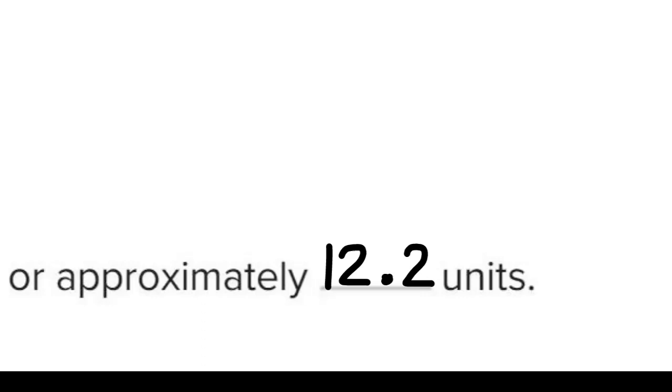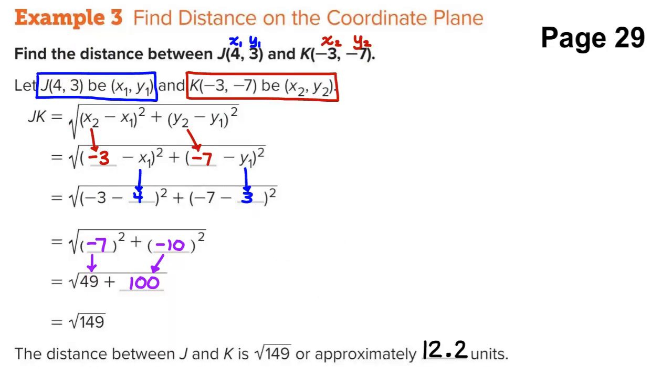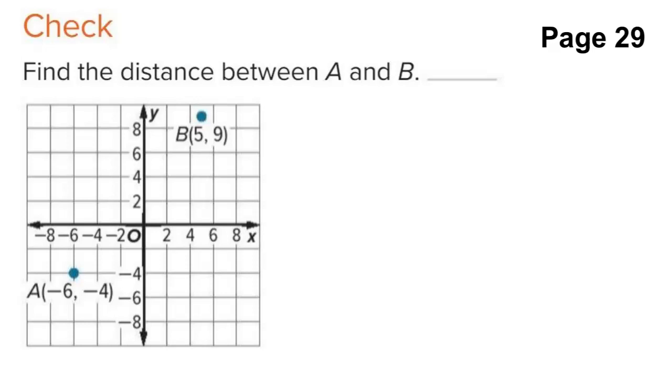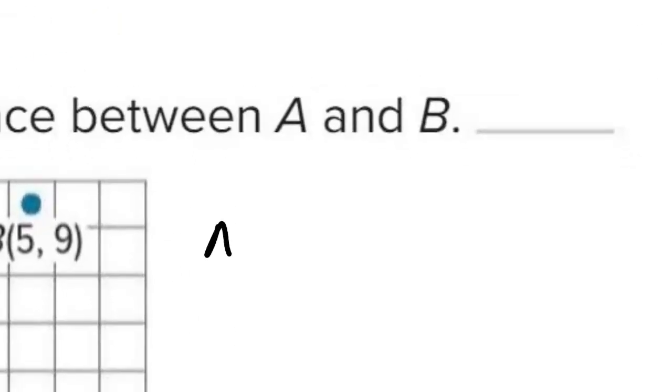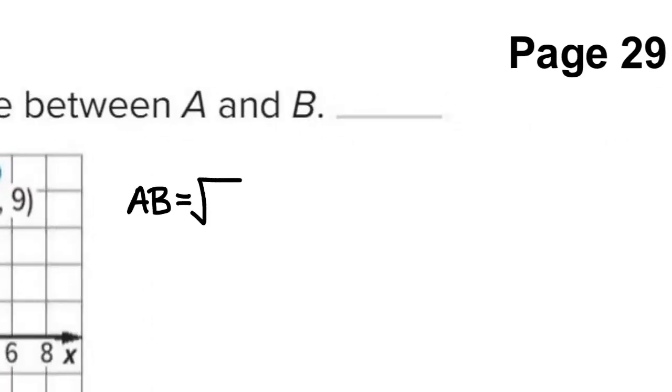Let's do the check problem down at the bottom of the page, and I want to do this one together. So we want to find the distance between A and B. So the distance between A, B would be represented by AB equals, big, long square root here.